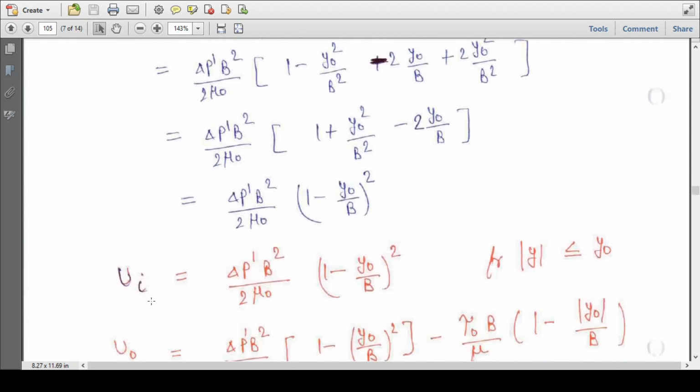So this is the velocity for the inner plug flow region, ui equal to delta p dash b square upon 2 mu naught, 1 minus y naught upon b whole square. This is applicable for y less than or equal to y naught, and for that this velocity is constant, not a function of y.